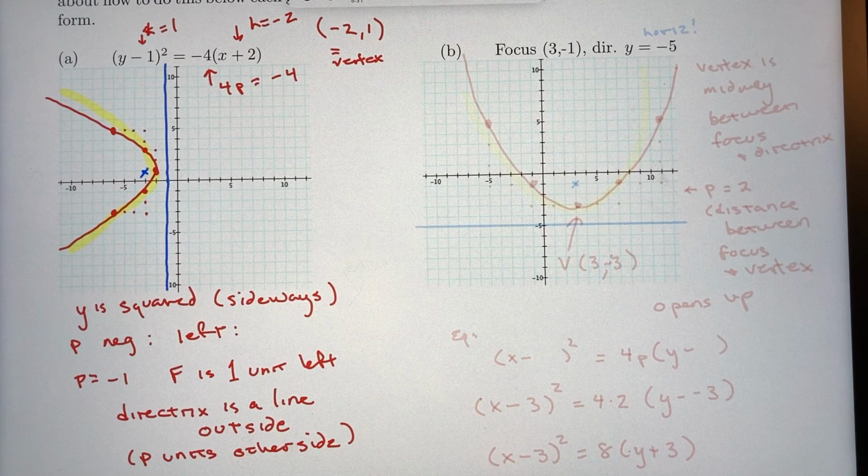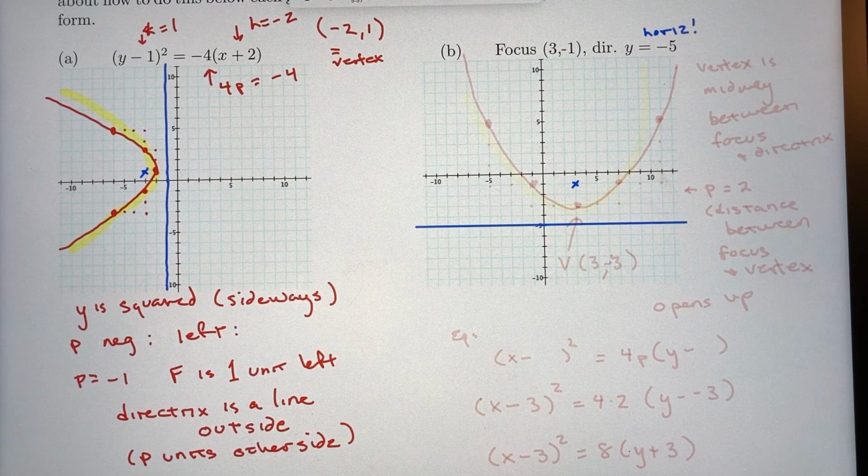All right, so if I'm given the focus, again, I want to label that in a different color. I use blue. 3, -1. Make sure you don't go -1, 3. 3, -1. The directrix is a horizontal line at -5.